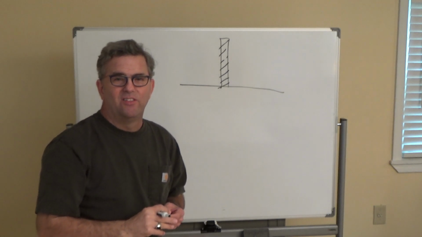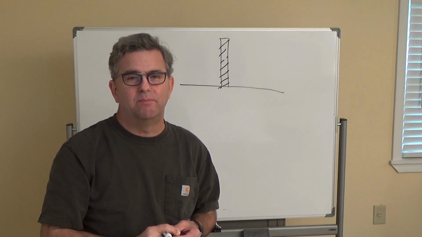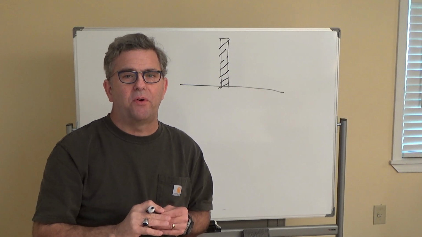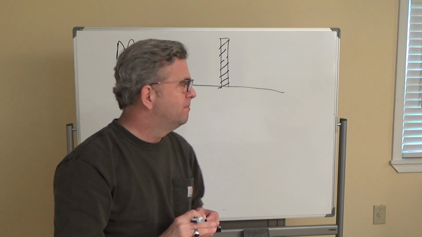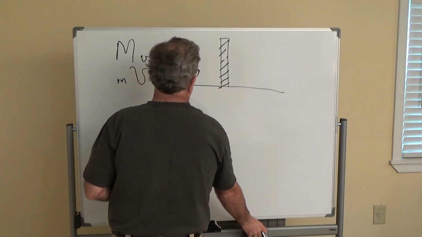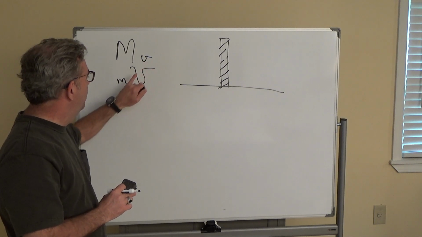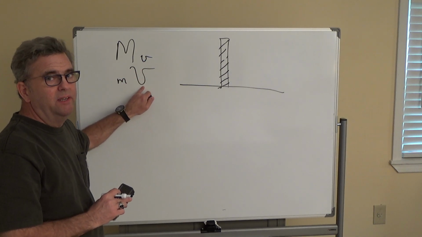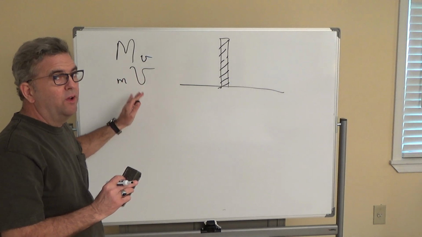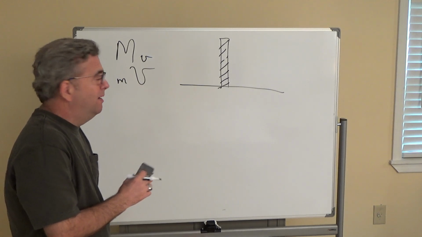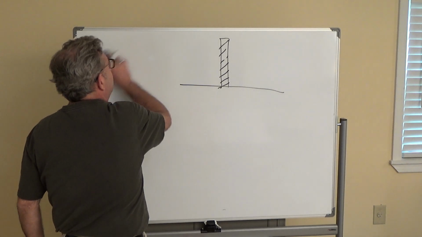Okay? Those two have the same momentum, but how they interact with other objects may be very different. Do you want to be hit by a big M with a small v, or a little m with a big v? I don't know. I don't want to be hit with either one, but all right.